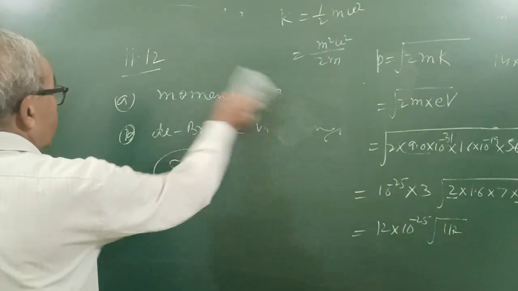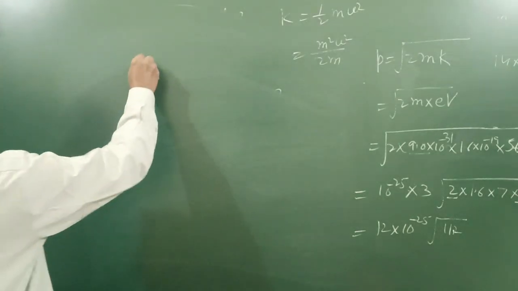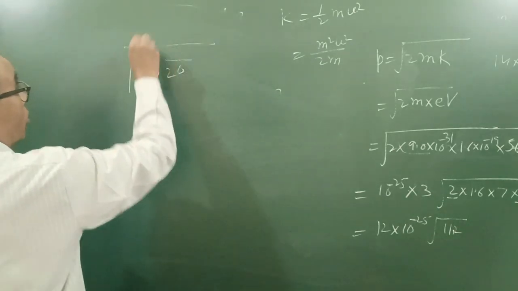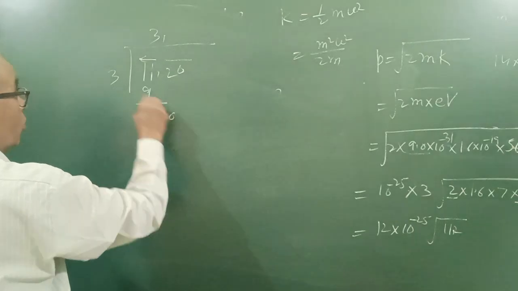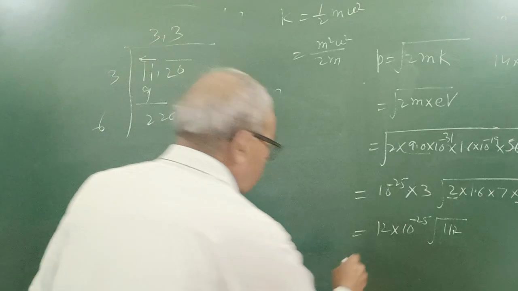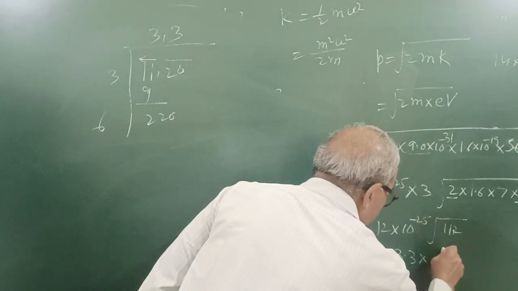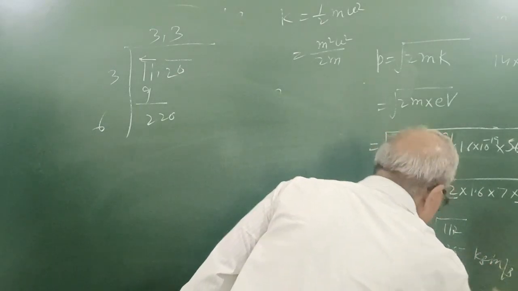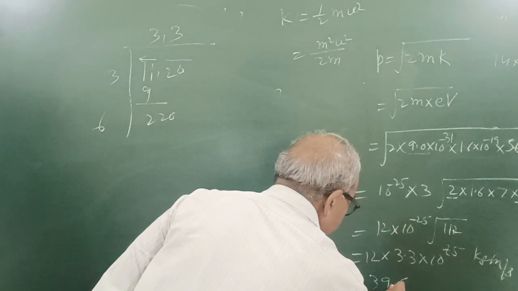So you need to find the square root of 11.2. 3 × 3 is 9, nearly 3.3. So 12 × 3.3 × 10^-25 kg meter per second. 12 × 3 is 36, 39.